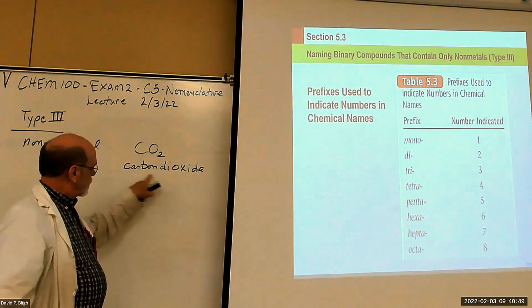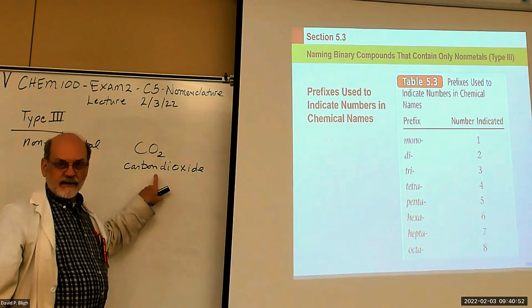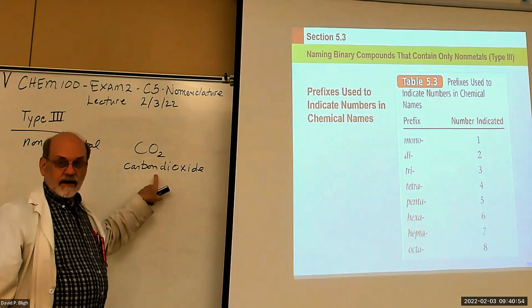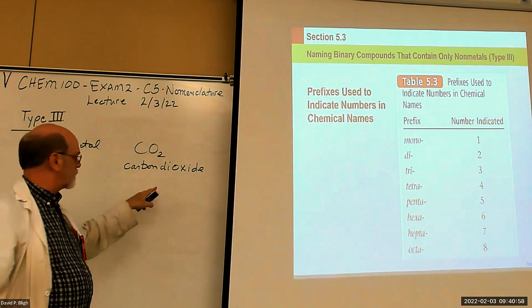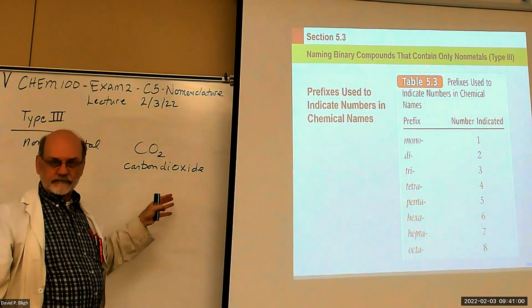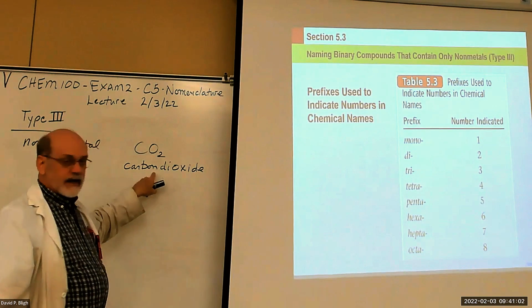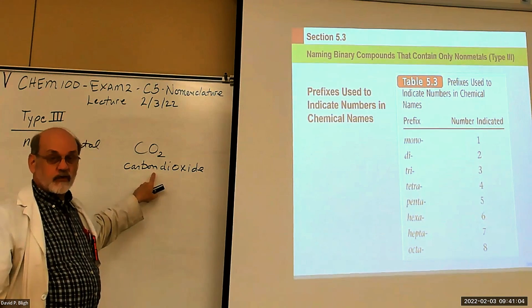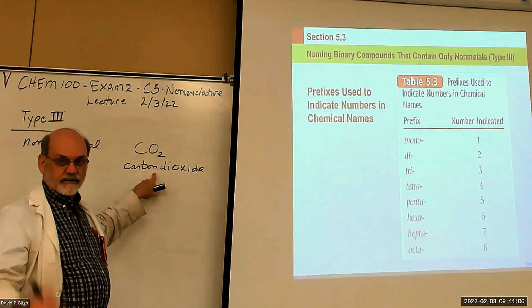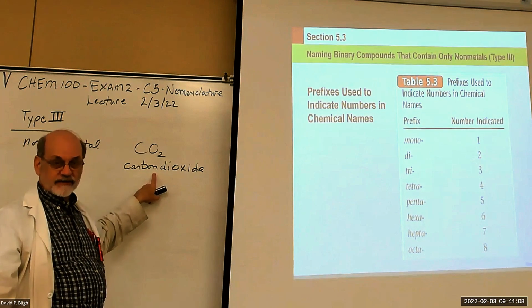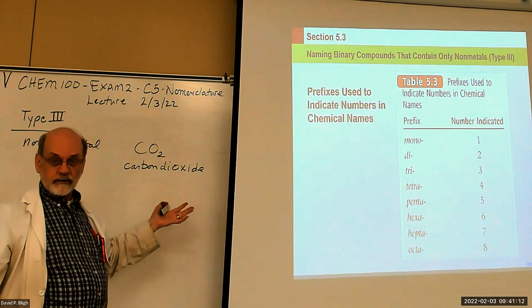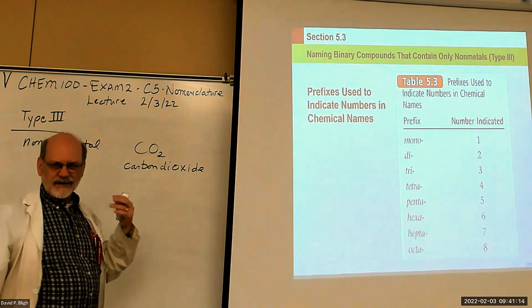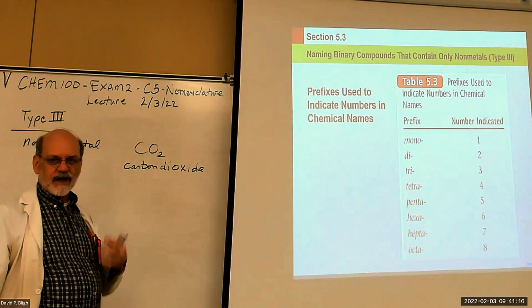Notice, for the first member of the name in the compound, if there's only one of them, we don't say mono, simply because it's redundant. If you have carbon there, you know that you've got at least one. So if we don't say 2, 3, 4, 5, 6 prefixes, then we know there's only one of them. Besides, it just doesn't sound right if we say monocarbon dioxide.